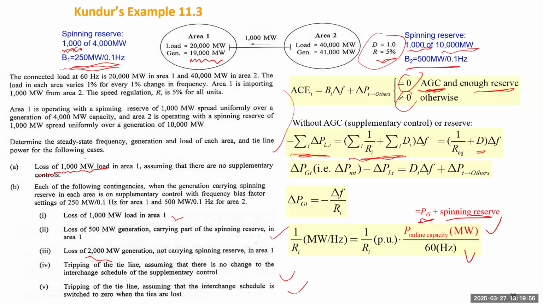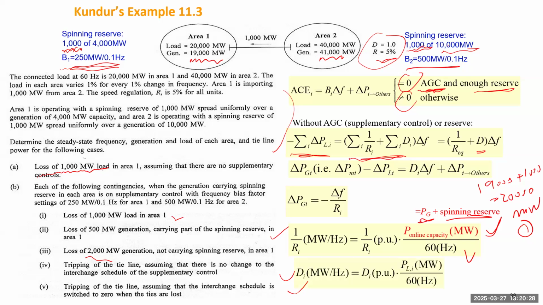So for area 1, this value will be 19,000 plus 1,000, right? Equals 20,000 megawatt. This is just for area 1. For area 2, that one will be 41,000 plus 1,000, which is 42,000 megawatt. So that will be the power base. Okay, so now we are ready.